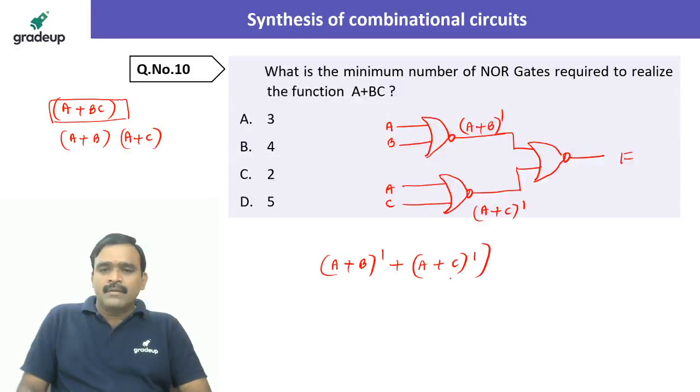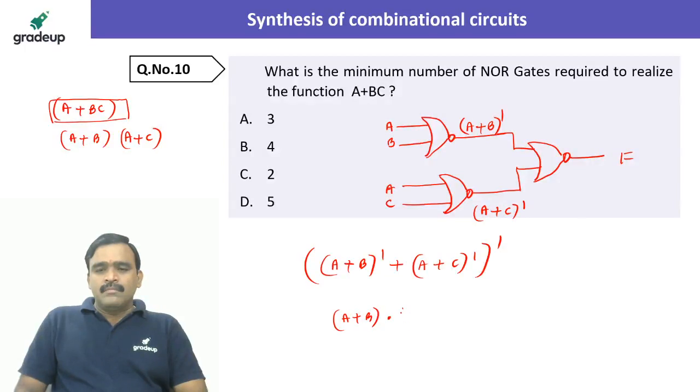Why whole bar? Because we are taking NOR. Now A plus B whole bar, according to De Morgan's, is A bar into B bar. Similarly, A plus C whole bar, and the outer whole bar. A plus B whole bar whole bar means A plus B, and A plus C whole bar whole bar means A plus C. A dash whole dash is A.